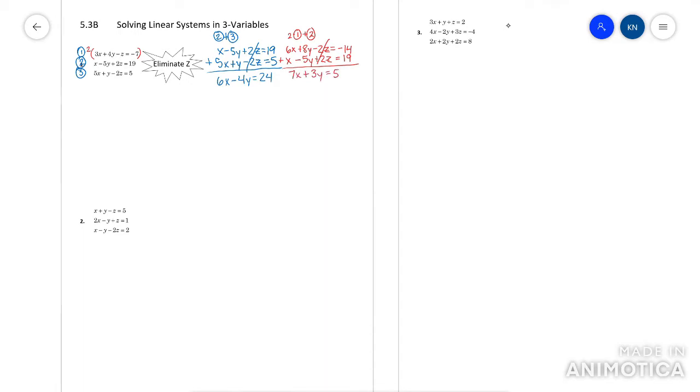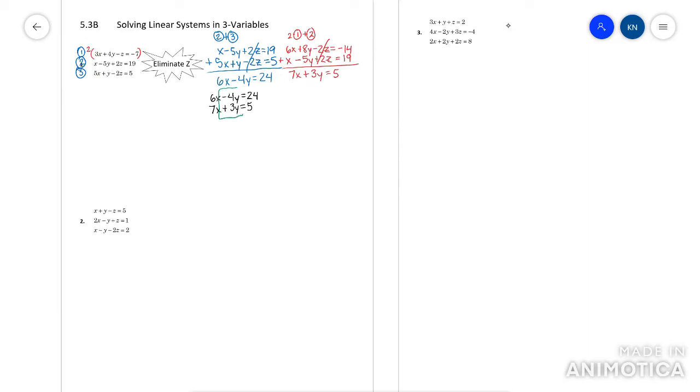All right, now that I have z canceled twice, I'm going to have to use these 2 equations to eliminate another letter. So let's go ahead and look at them vertically. All right. So just looking at this, it's not going to be very nice to us. You're going to have to scale both of these equations.